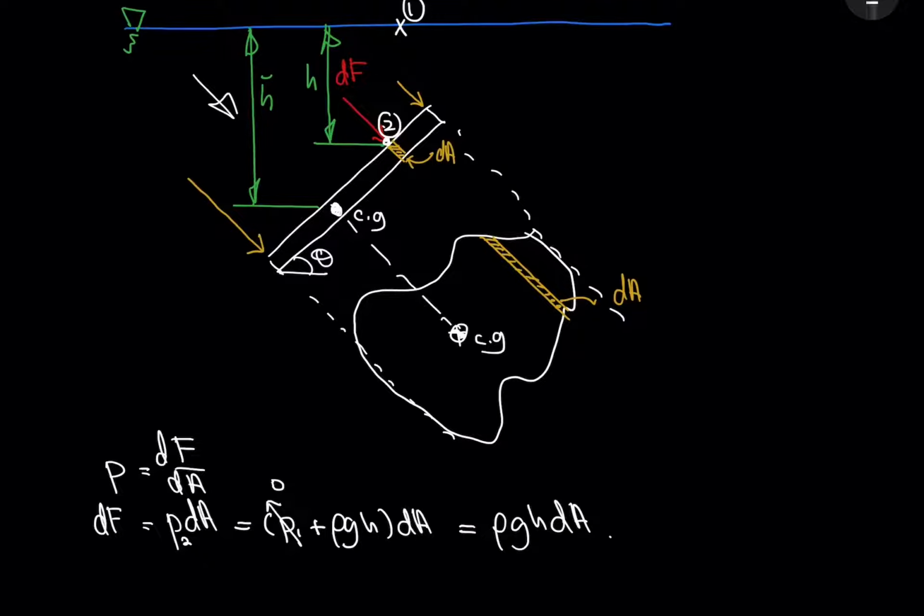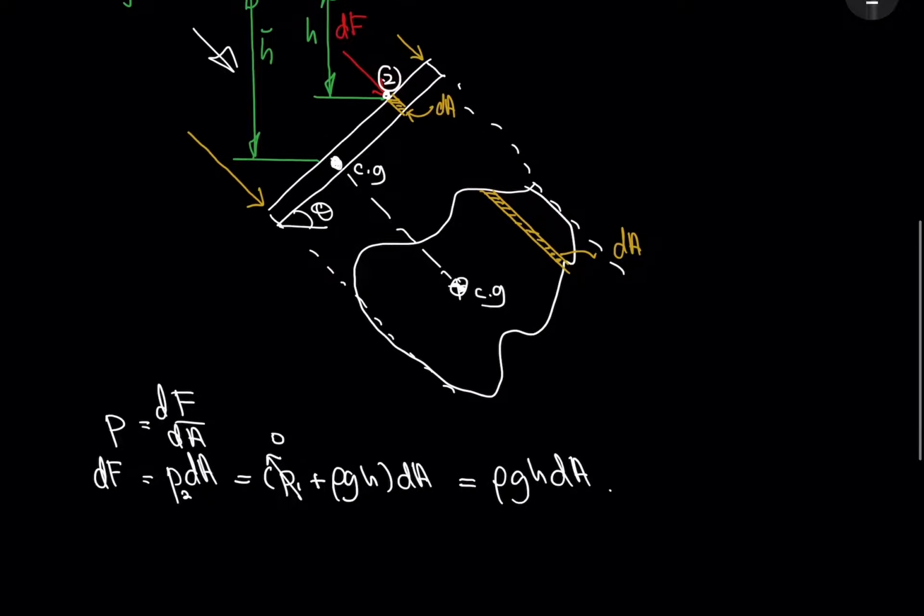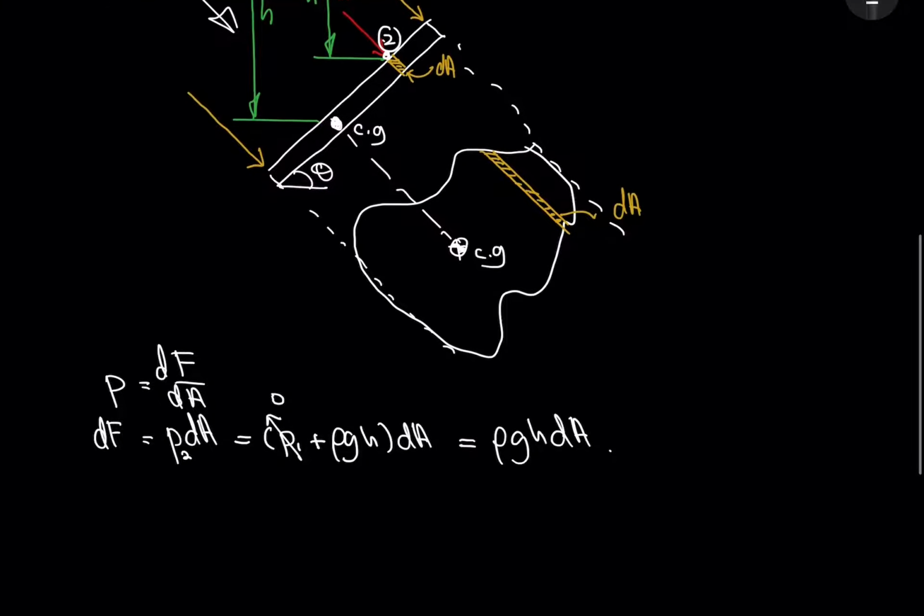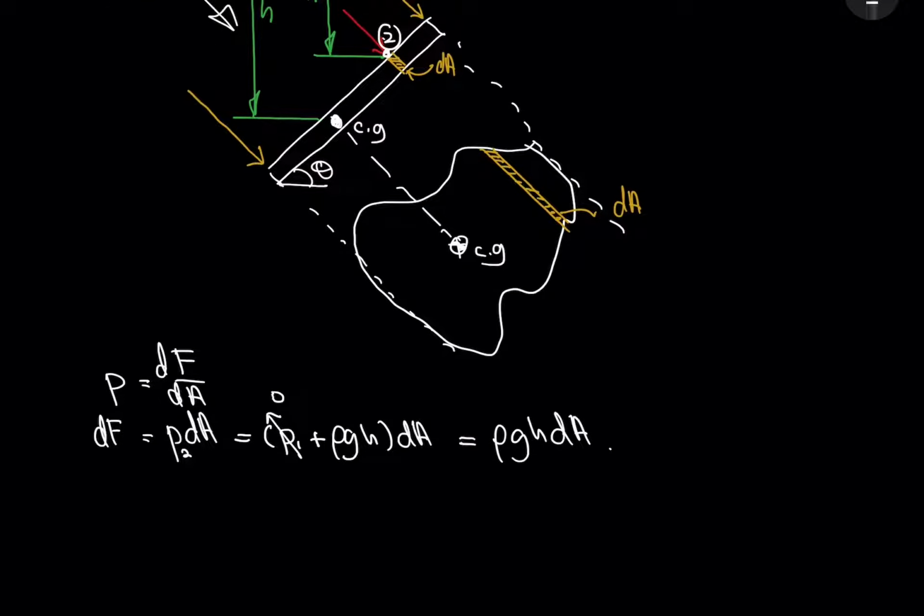But we're not looking for just this dA. We want to determine the force on the whole area of the plane surface. If you want to know the magnitude for the whole area of the surface, of course you need to do the integration. So integrate dF on the left and integrate over the whole area, rho g h dA.